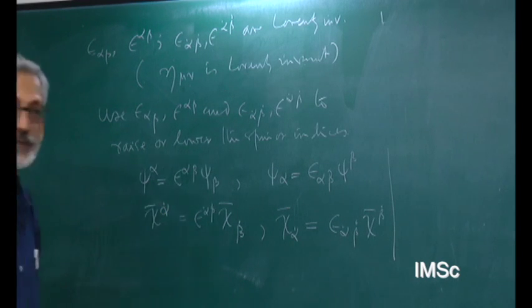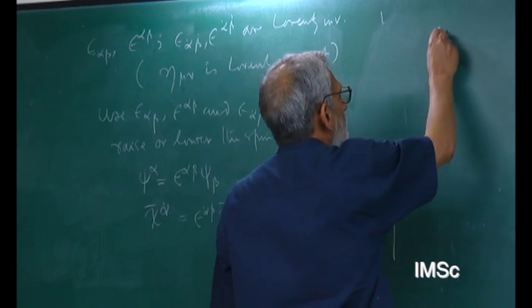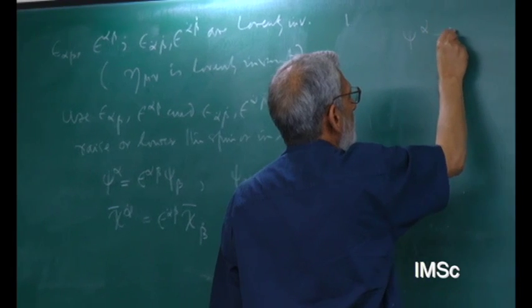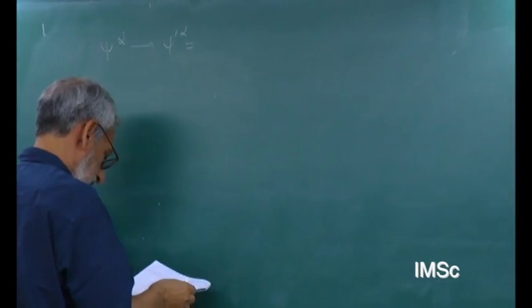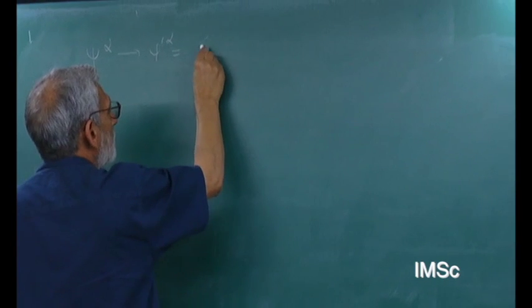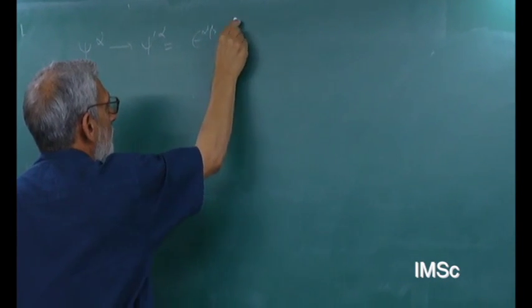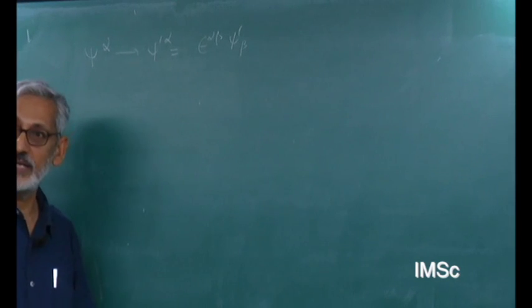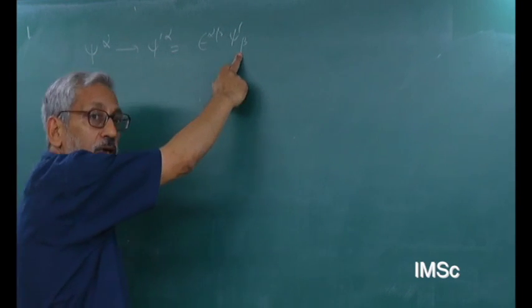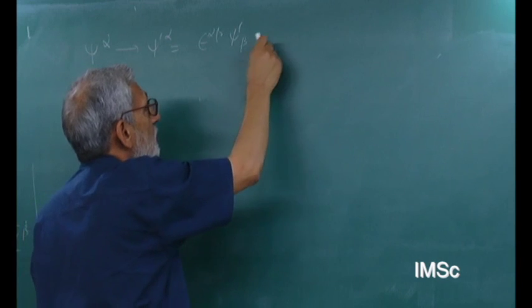under Lorentz transformation. So psi alpha up goes to psi alpha prime, and psi alpha prime I can write as epsilon alpha beta psi prime beta down, because by the rule of raising and lowering I just multiply by an epsilon. For this I have already prescribed my transformation rule and used that.